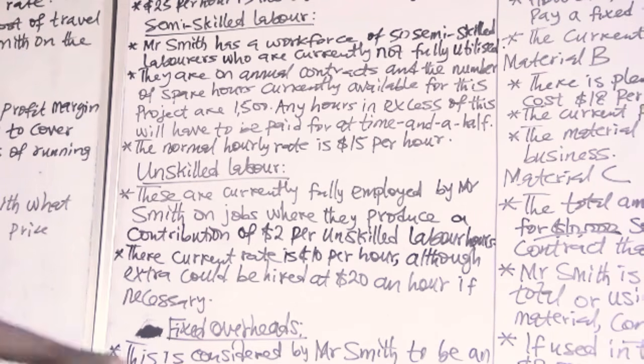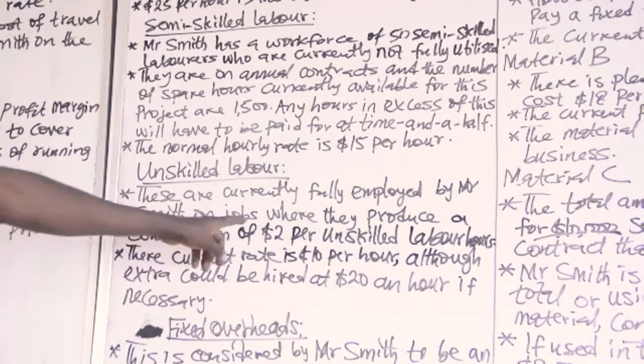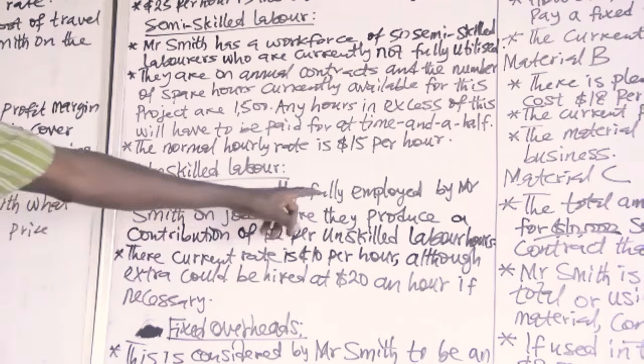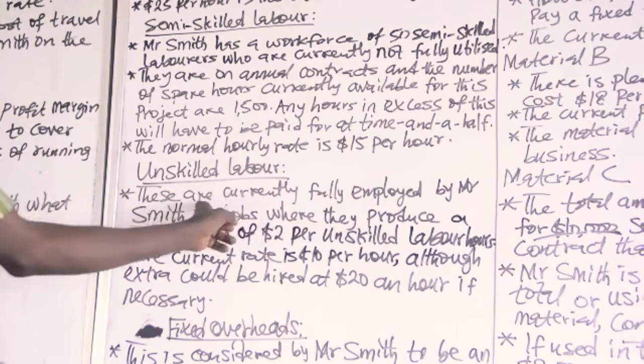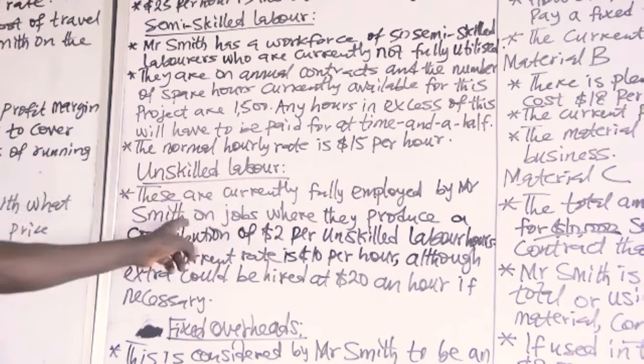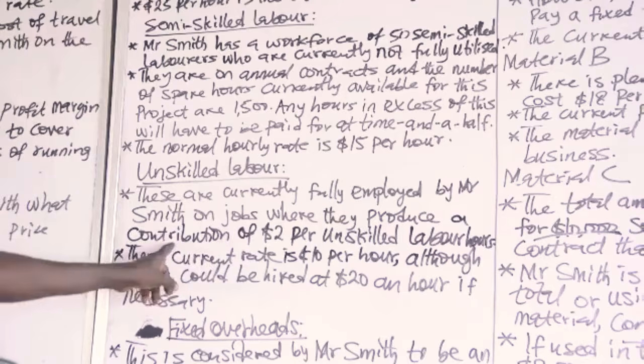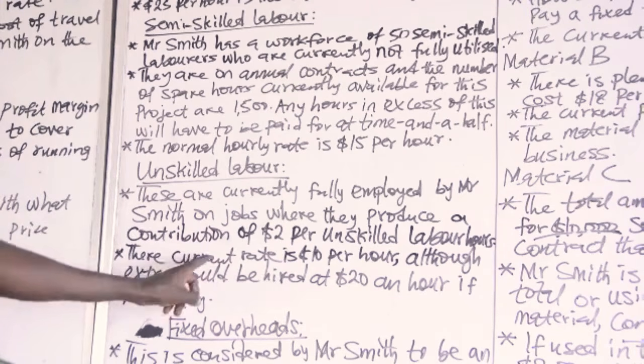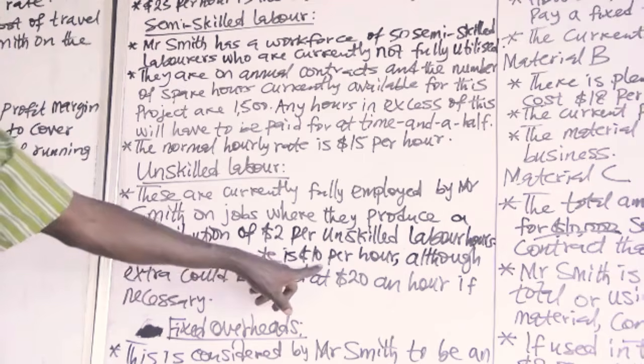So ordinarily, how much will you pay them? They are currently fully employed by Mr. Smith, where they produce a contribution of $2 per unskilled labor hour. Their current rate is $10.